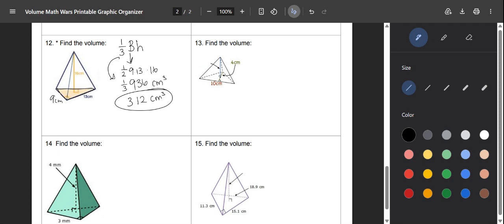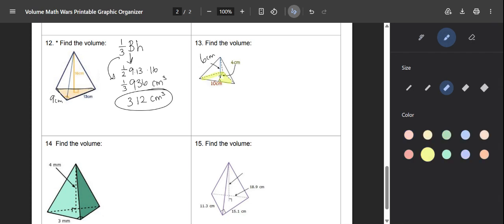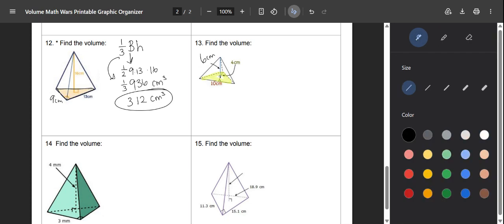We need to know that the height of this pyramid is 6 centimeters. So let's start by finding the area of this triangular base at the bottom. 1/3 area of base times height. 1/2 of 10. And we want the height of the triangle, not the pyramid. So we're going to use that 4.